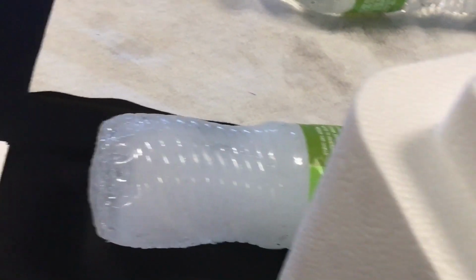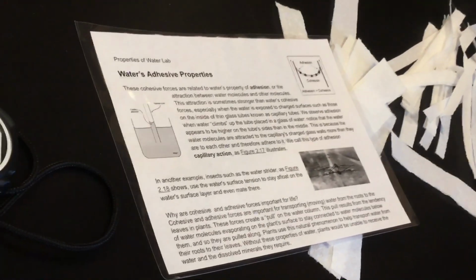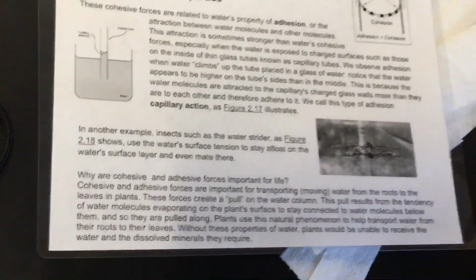The ability of ice to float due to its lower density is an important factor in the making of the environment suitable for life. Adhesion and cohesion.